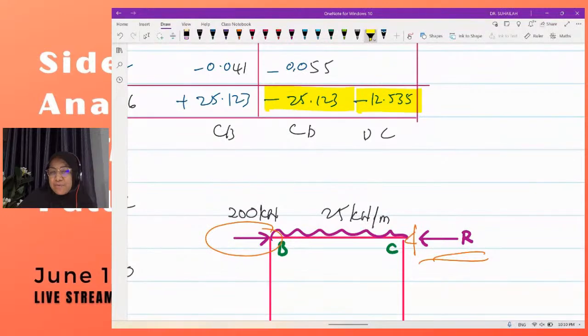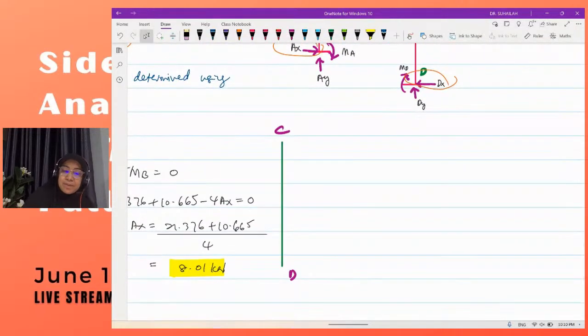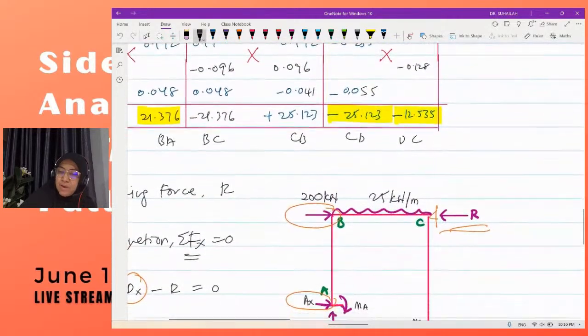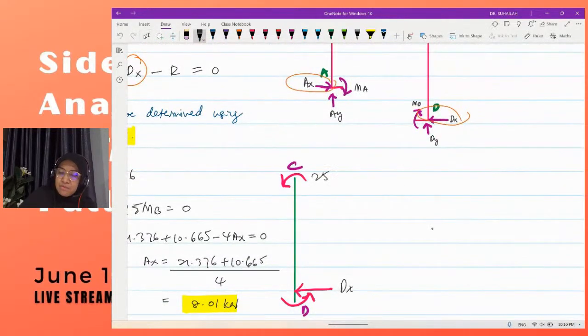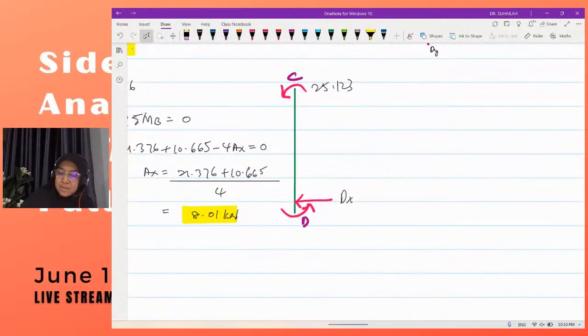Both are negative, these are the end moments at C and D. Both negative. And dx is acting like this. So this is dx. Here 25.123 and 12.535, with a length of 6 meters.